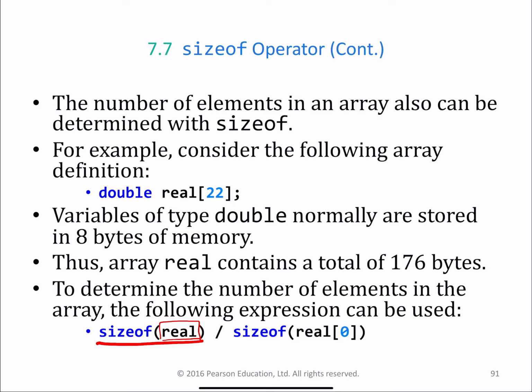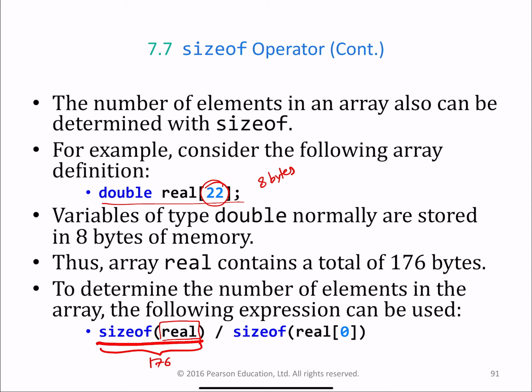So over here, let's say real is defined as an array of double precision floating point numbers, 8 bytes each, and it's 22 elements in size, which means that sizeof real over here will return the value 176 bytes.